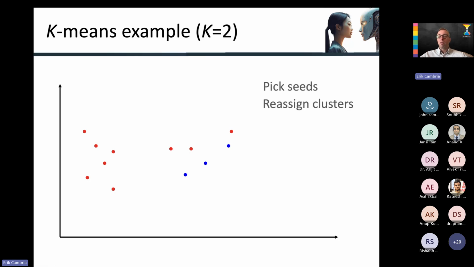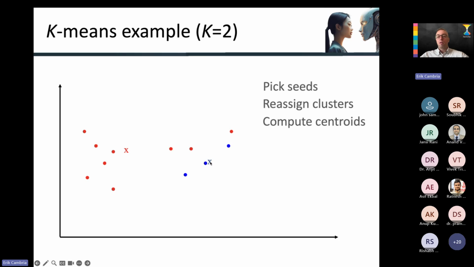I reassign the clusters. Then I can calculate the centroid. So based on this distribution of the two classes, red and blue, I calculate two centroids. So this, for example, is the centroid of the class red. Why? Because it falls in between all these red dots. So next, I can actually try to reassign the clusters again according to the centroid.